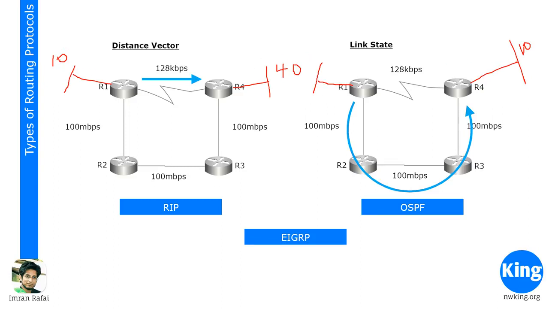So if the communication between 10 and 40 has to happen, if I want to do static route, I'll come here and I will say statically that if you want to go to 40 dot network, please go through this route. But if I, let's assume, configure RIP, I go to this device R1 and configure RIP, I go to R4 configure RIP, R2 configure RIP, and R3 configure RIP, right?